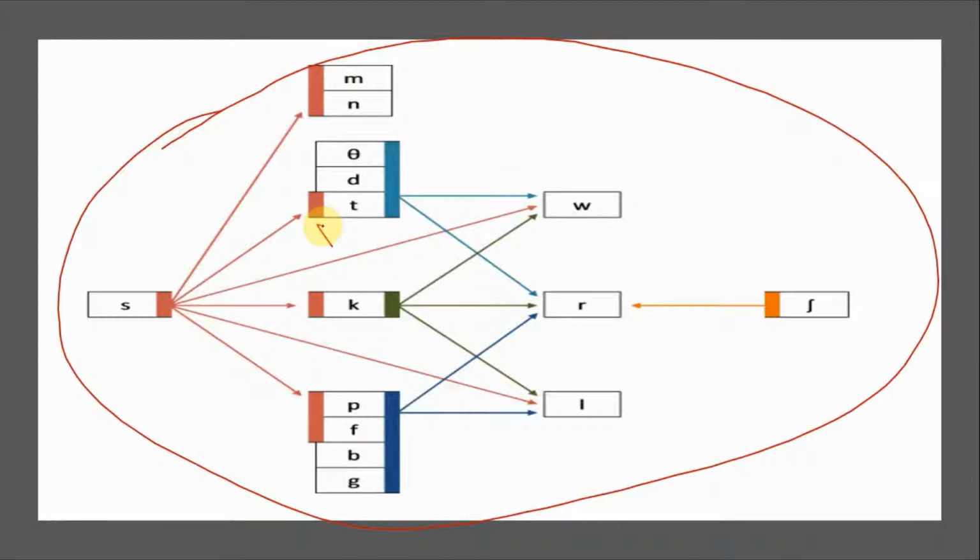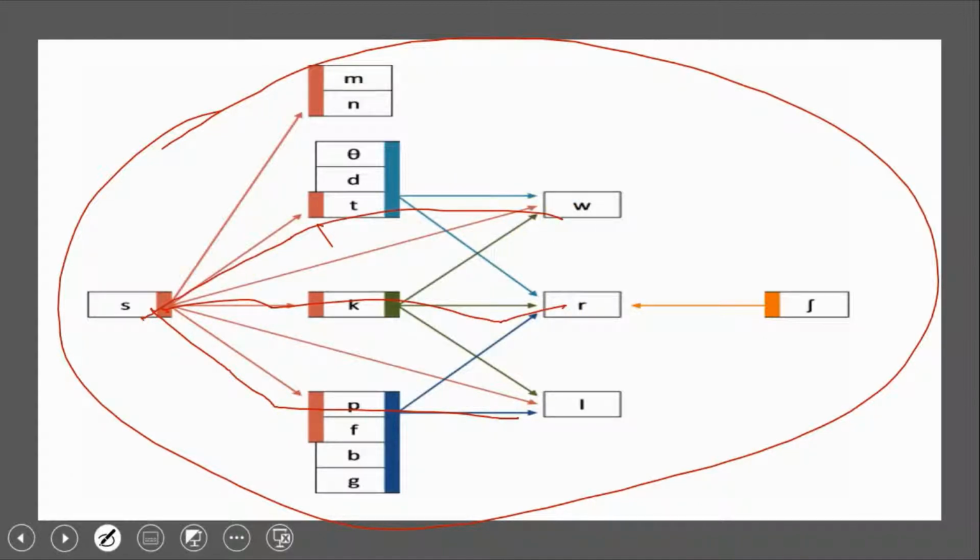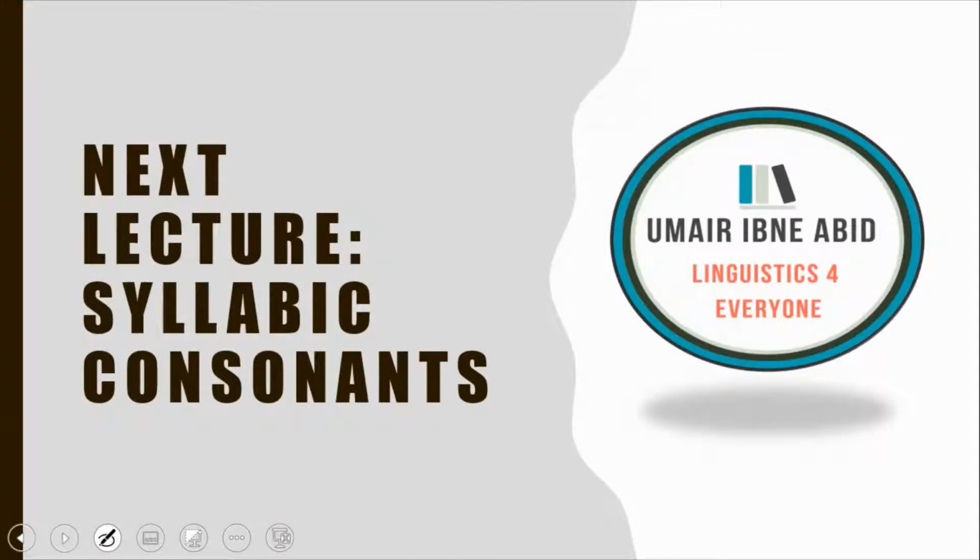You can just stop the video and watch it, and you can make a few words. For example, S, P and L, splash; S, K, R, screw; S, T and R, straight. Similarly, K and R, crowd; K and L, class; K and W, queen.